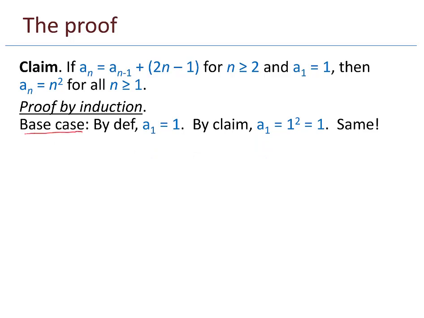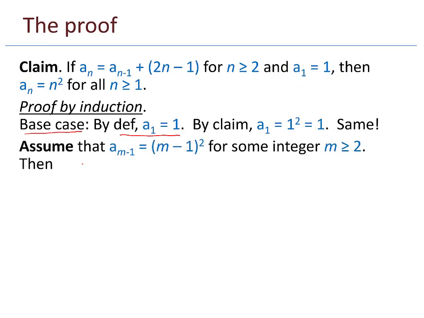This is basically showing that the closed form works when n equals 1. So by definition, a sub 1 equals 1. I'm looking up there for my definition. But also by the claim, if I plug in 1 into my claim, I also find that I get the number 1. These are the same. So the claim works when n equals 1.